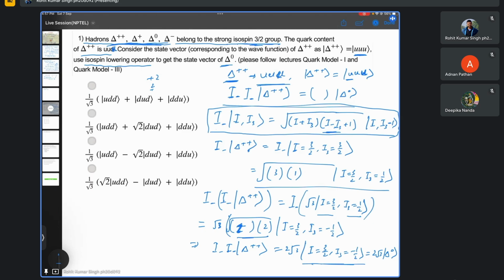But then I'm thinking what will happen if you apply the lowering operator two times on a u state. So if you apply on I3 equal to half, what will happen?